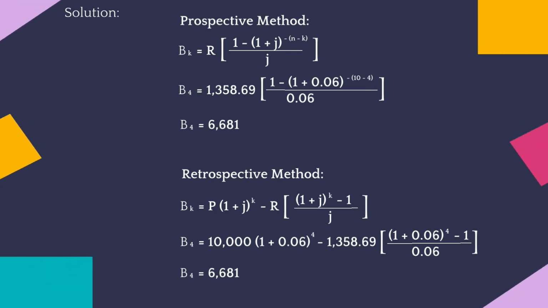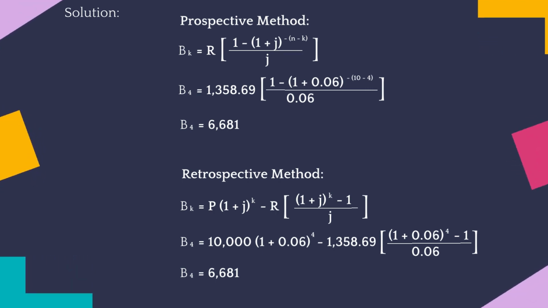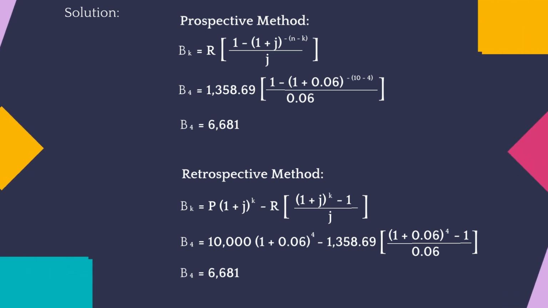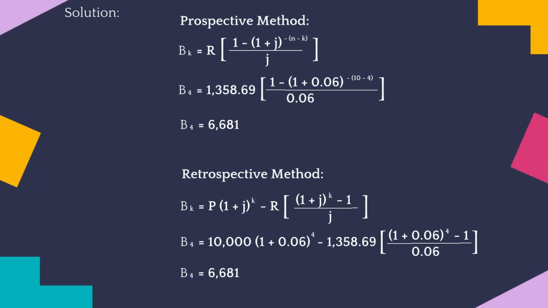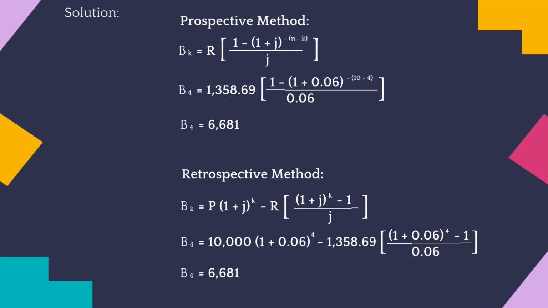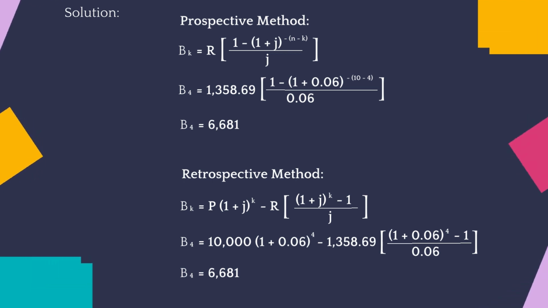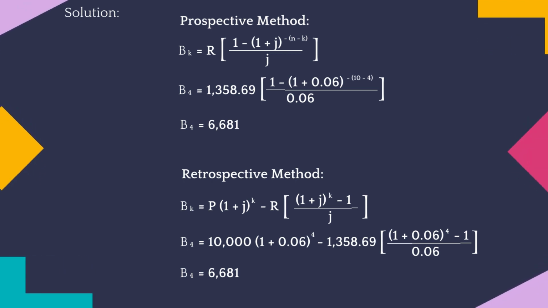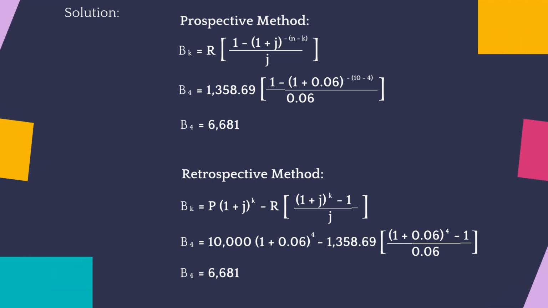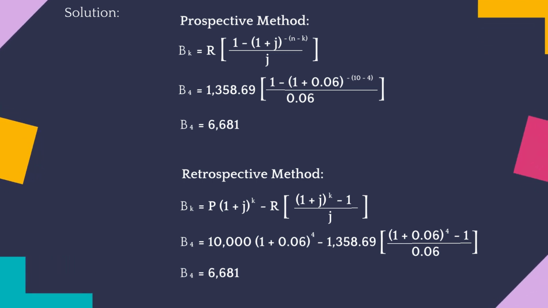The formula is Bk equals P times 1 plus J to the power of K, minus R times 1 plus J to the power of K minus 1, over J. So let us substitute all the values.